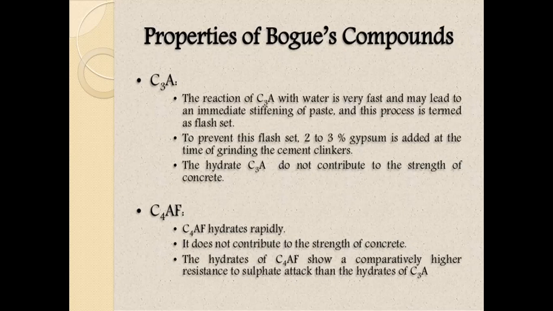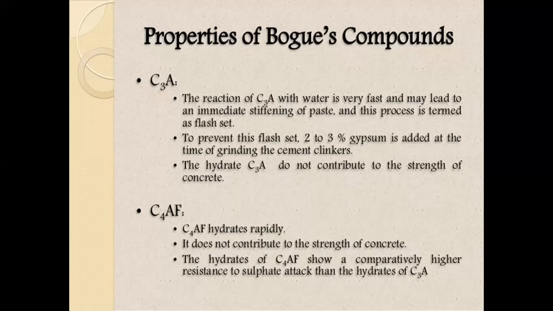So tricalcium aluminate is responsible for the early setting of the cement paste. Due to this, the cement will set immediately, which is known as the flash setting of the cement.